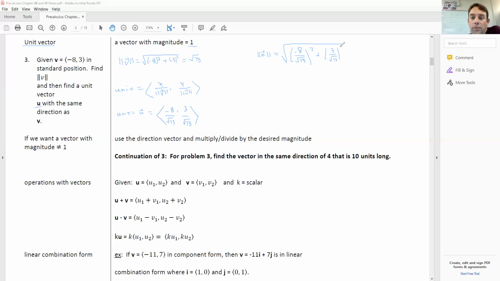So the magnitude of u, was it actually 1 unit long? We got 64 over 73 plus 9 over 73, which is 73 over 73. And it turns out, friends, it really is 1 unit long.